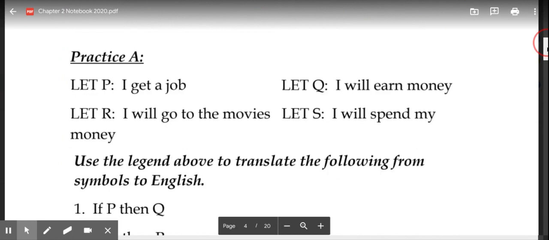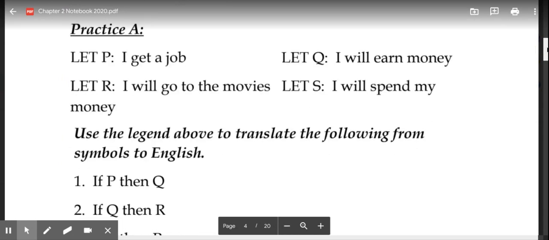So let's look at one example, practice A. Let P be I get a job. Let Q be I will earn money. Let R represent I will go to the movies. And then let S be I will spend my money. So use the legend above to translate the following from symbols to English.